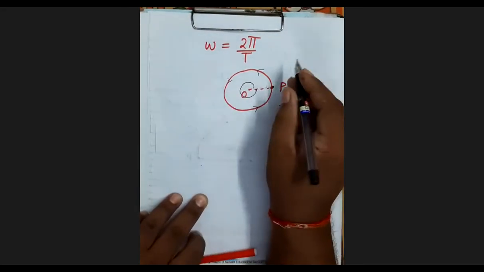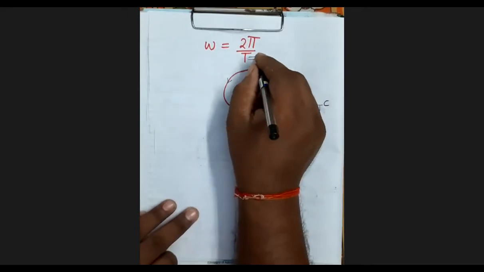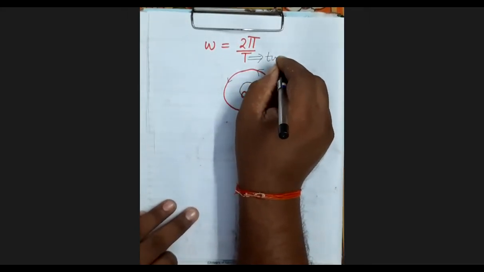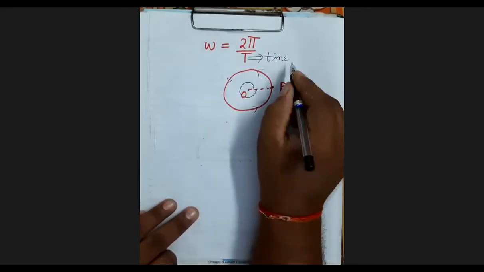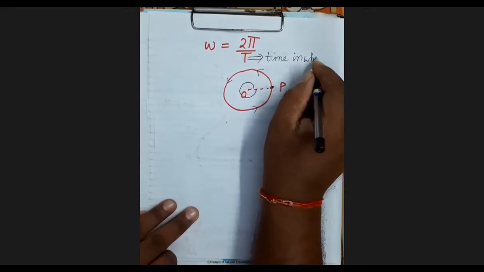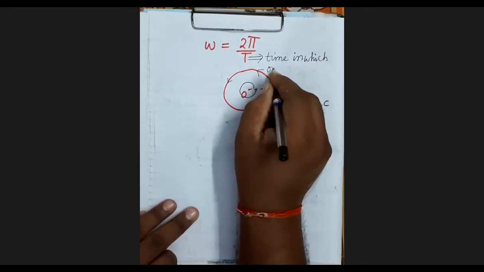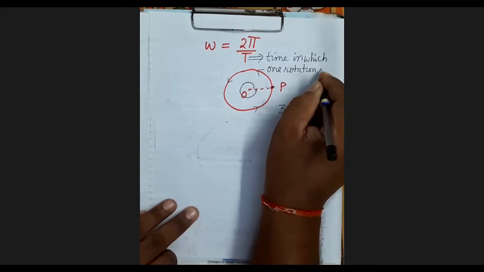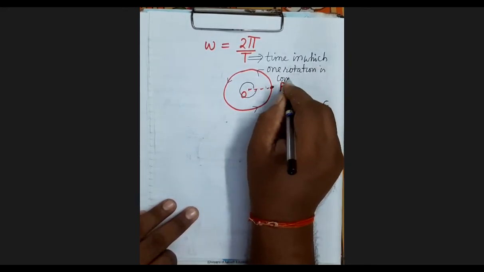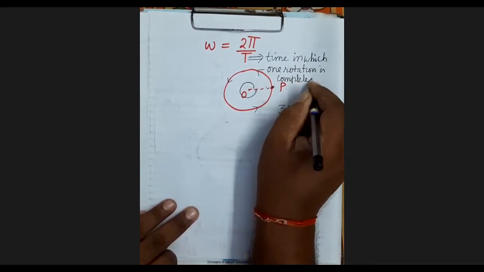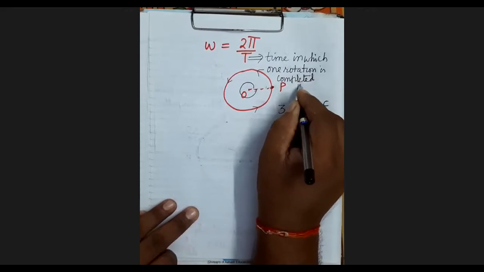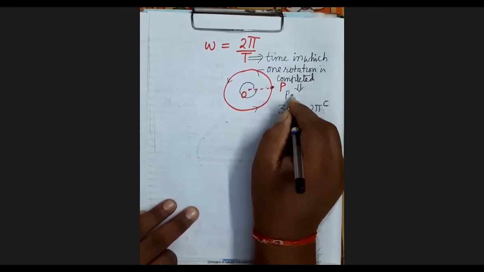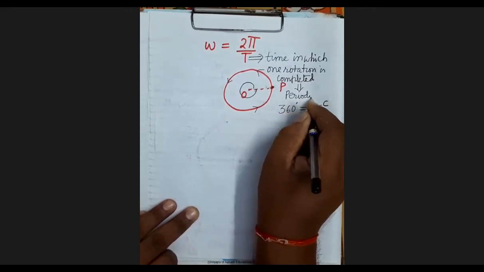That is known as periodic time. It is the time in which one rotation is completed. We also call it periodic time.